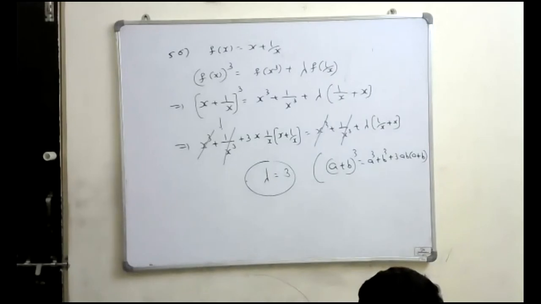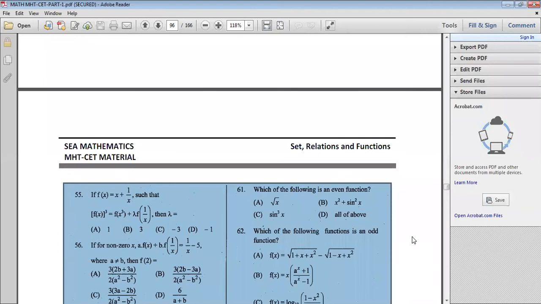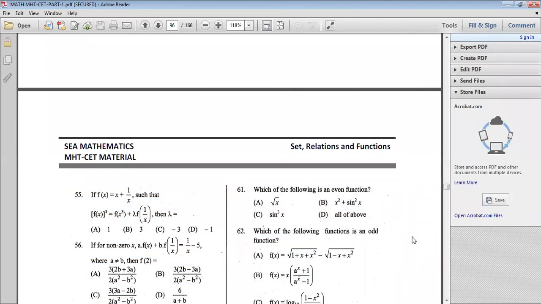Next, look at the next problem. Observe this problem 56. a into f of x plus b into f of 1 by x is equal to 1 by x minus 5.